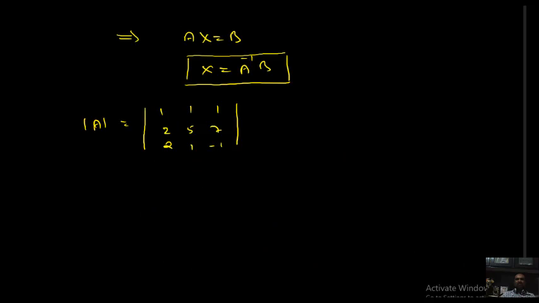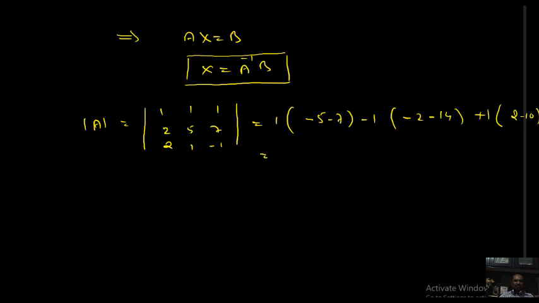So directly you can find it, or you can use row transformation or column transformation, your wish, using transformations or without using transformations. 1 into (minus 5 minus 7) minus 1 into (minus 2 minus 14) plus 1 into (2 minus 10). You should take care. If you make any mistake here, the problem becomes wrong.